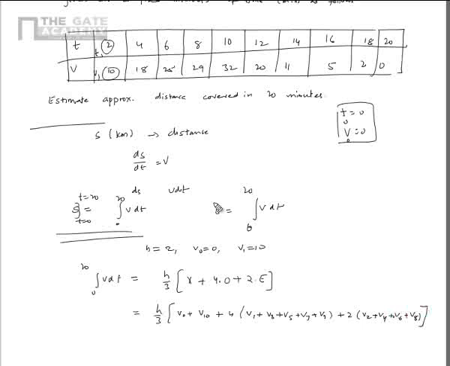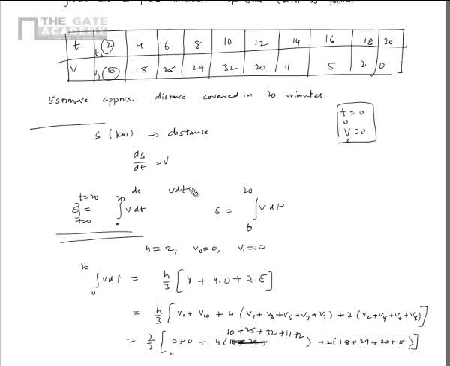Substituting, h is 2, so it is 2 by 3 times v0, which is 0, plus v10, which is 0 because at the end the velocity comes to 0, plus 4 times the odd terms, 10 plus 25 plus 32 plus 11 plus 2, plus 2 times the even terms, 18 plus 29 plus 20 plus 5.